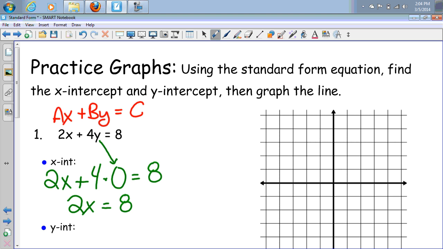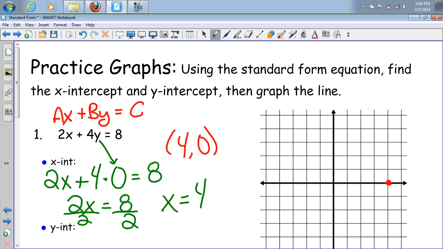What do I have to do? I need to divide by my coefficient of x. So divide both sides by 2, and I get x equals 4. So my x-intercept is 4. On my graph over here, it would be this point where x is 4 and y is 0, or as an ordered pair, (4, 0).